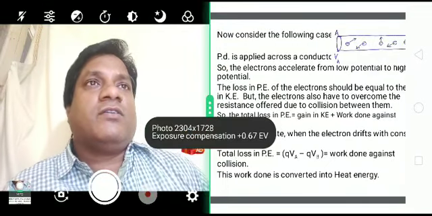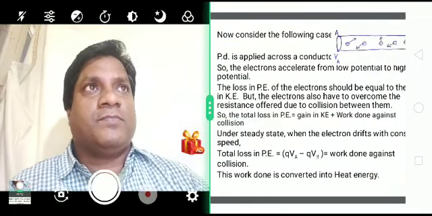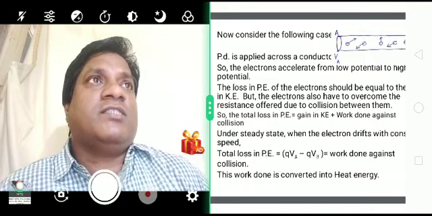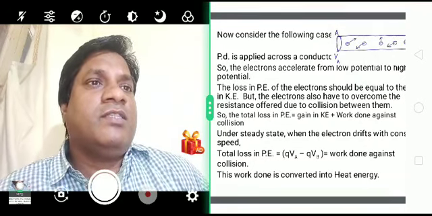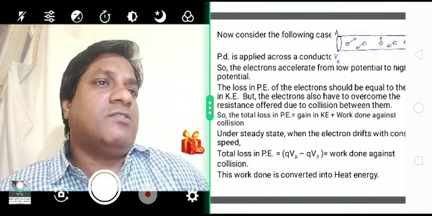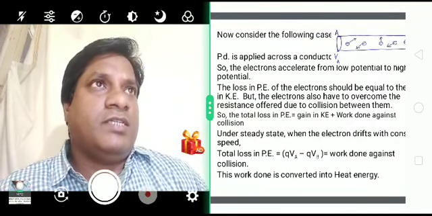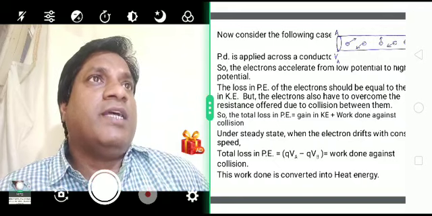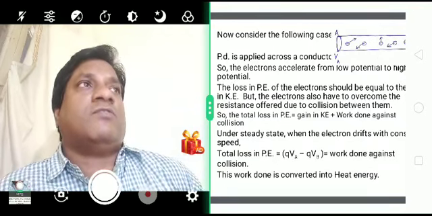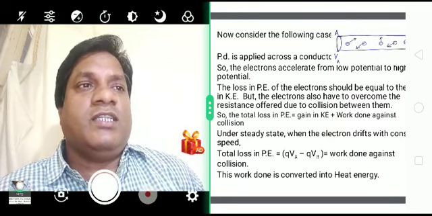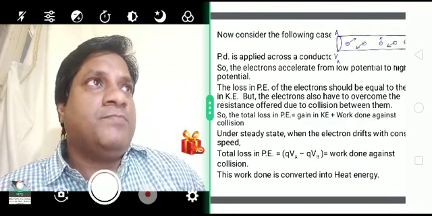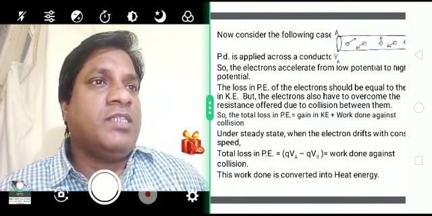Now let us consider another case, the motion of some charge inside a conductor. Here in this diagram, AB is a conductor and we have supplied a potential difference across the two ends of the conductor. At the first end A, the potential is VA, and at the other end the potential is VB.